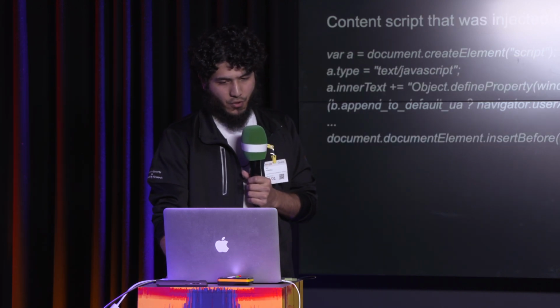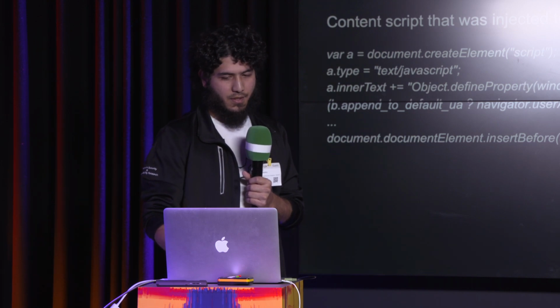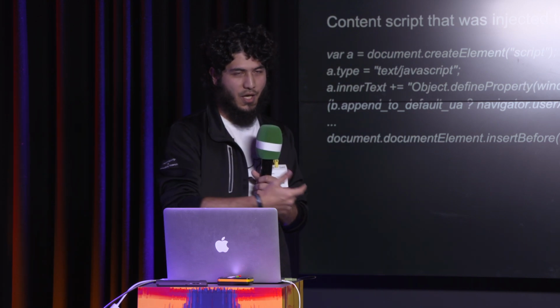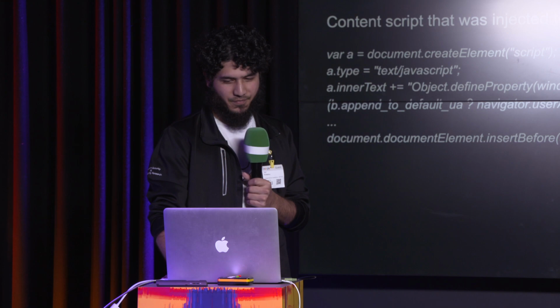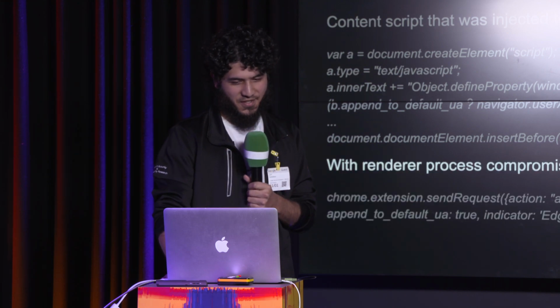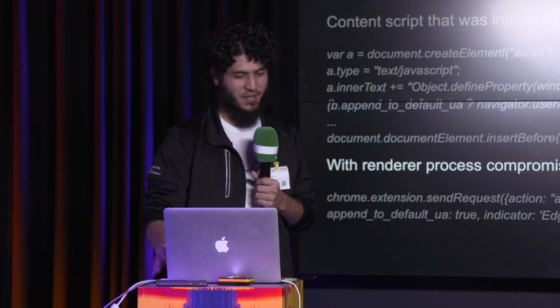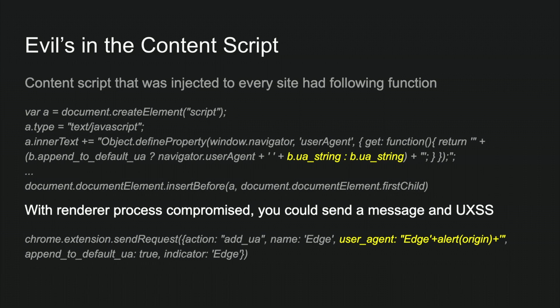What they did was basically take this string and add it to a script. And this is XSS, so this is UXSS, basically. You can send this user agent with a plus alert(origin). They didn't have an Edge user agent, which I really hate, so that's why I added it with a payload. And this is UXSS.